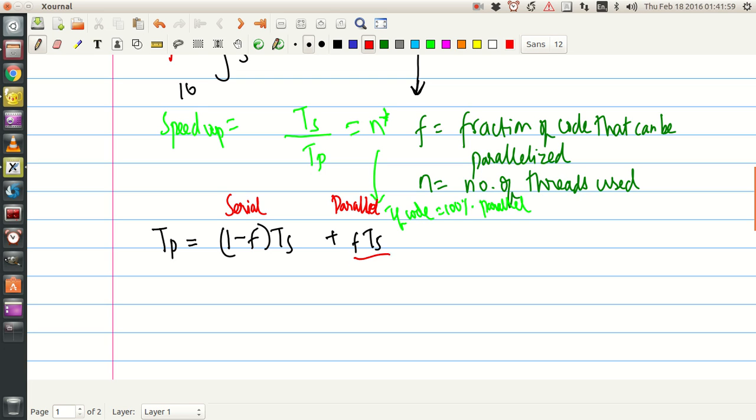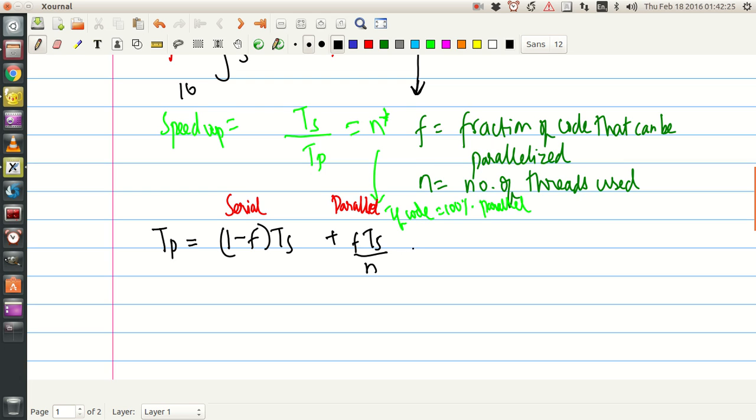Then if you use n threads, this fraction of the code will take f by n times ts. The time taken for this part of the code to execute will be f divided by n times ts, where f is the fraction of the code that is parallelized and n is the number of threads you use.